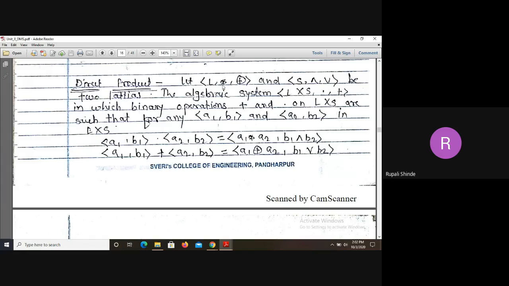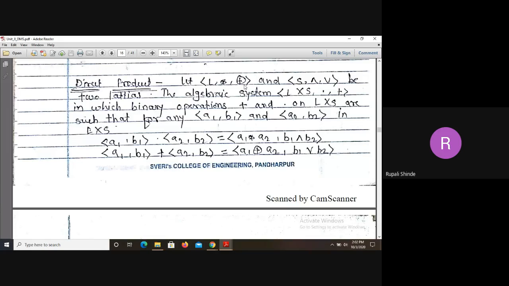Why? Because of the meaning of star and dot. The meaning of these three operations is the same. In the first lecture we have seen the alternative symbols for join and meet operation. For the meet operation, there are three symbols: first is star, second is and, or conjunction, and last is dot.